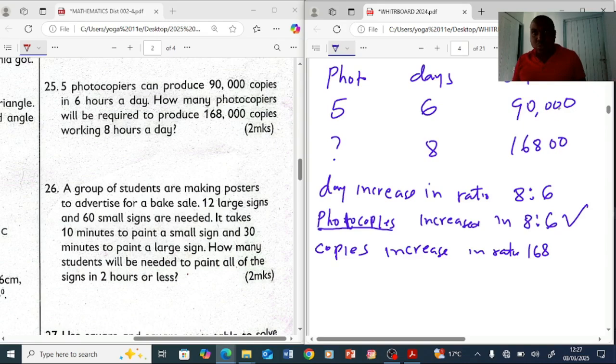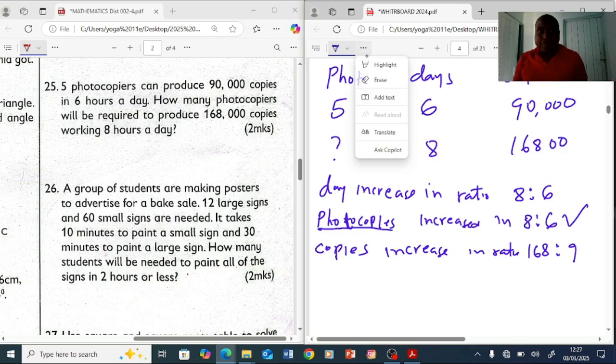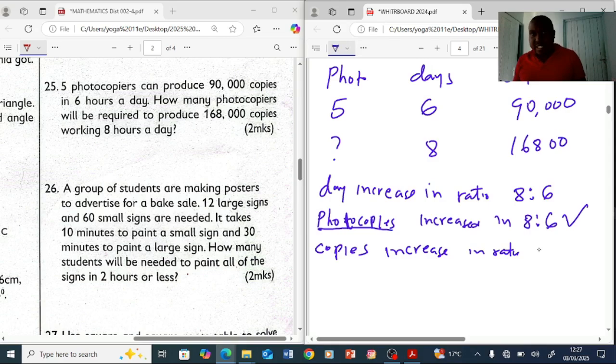The copies increased in the ratio 900 to 168.